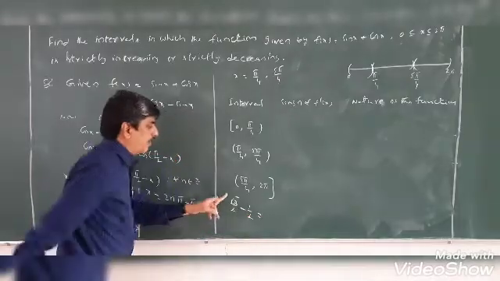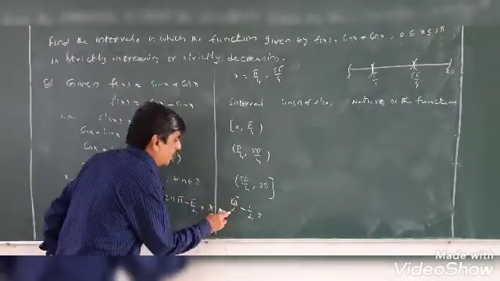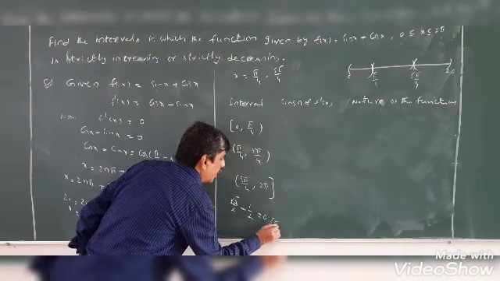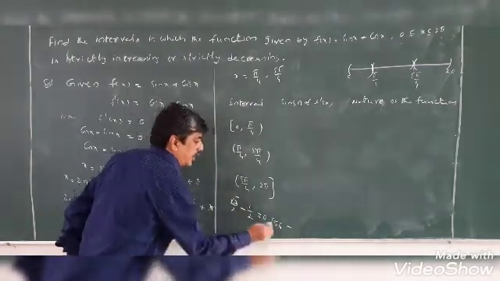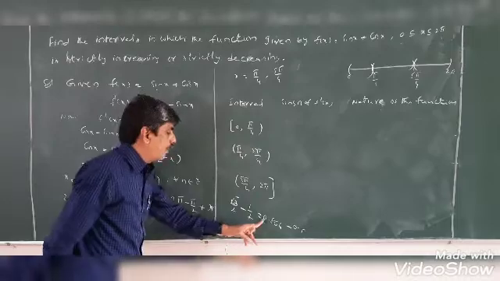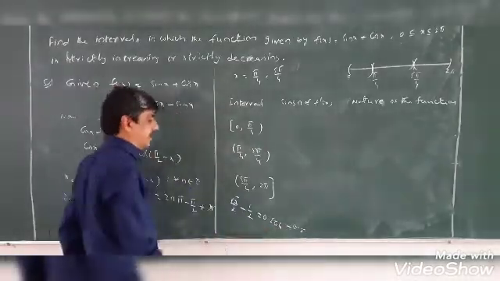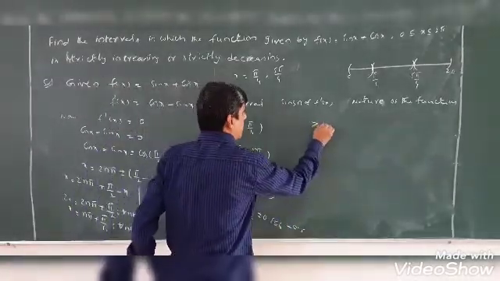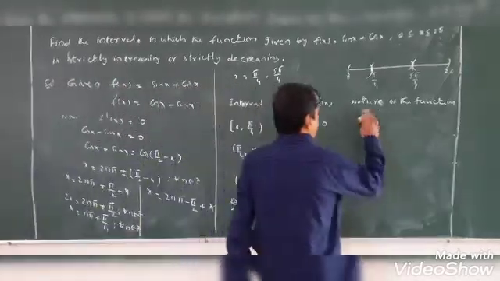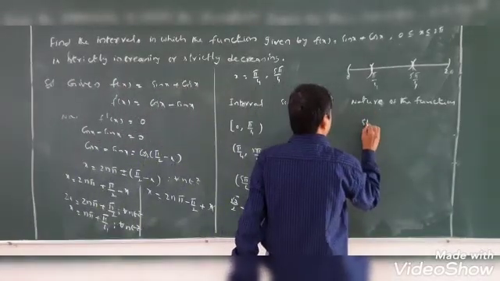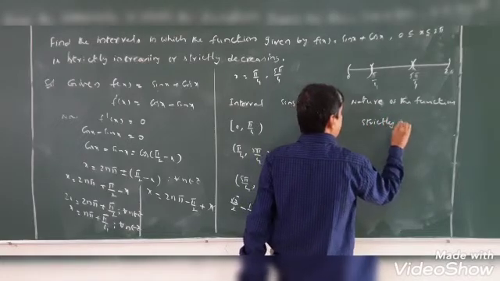Root 3 is 1.732, so root 3 by 2 is 0.866, minus 1 by 2 means 0.5. So 0.866 minus 0.5, this value is greater than 0. So greater than 0 means the nature of the function is strictly increasing.